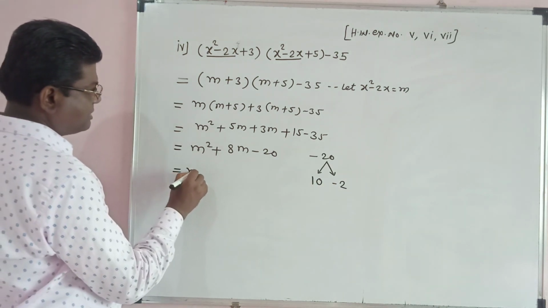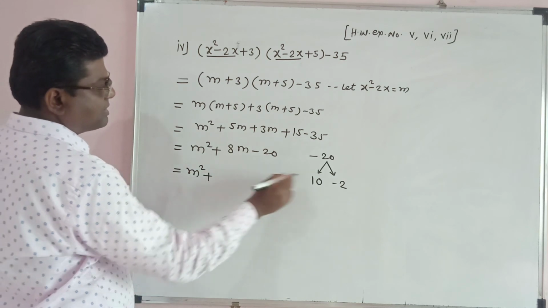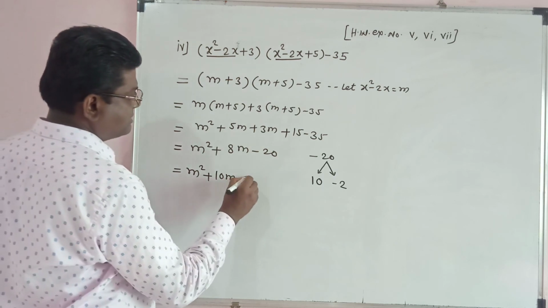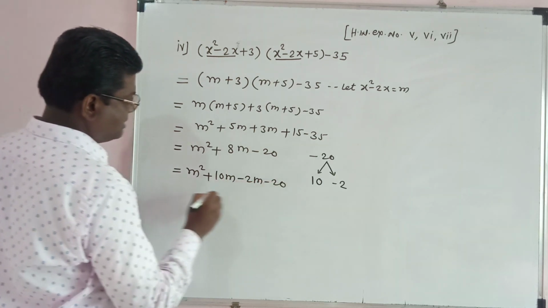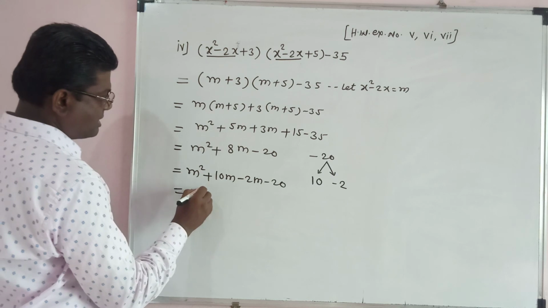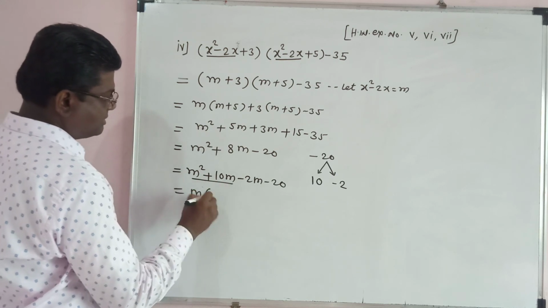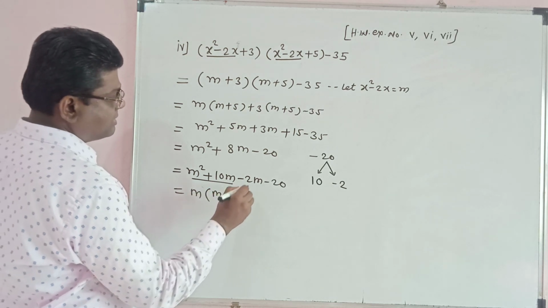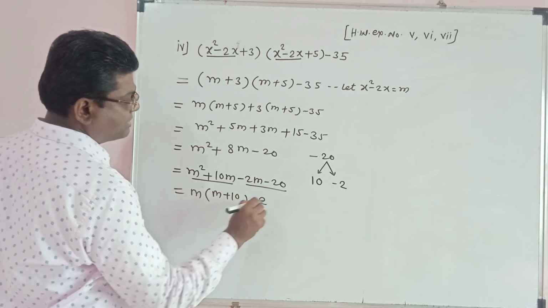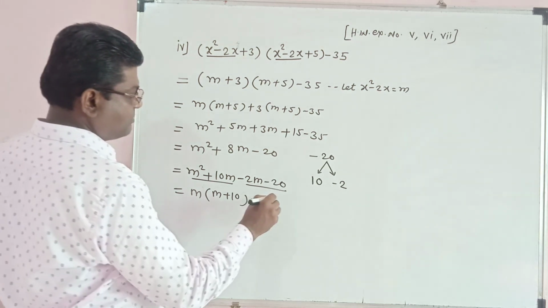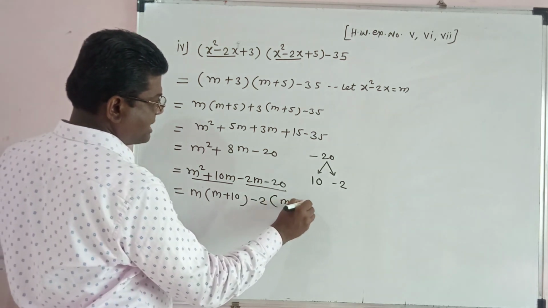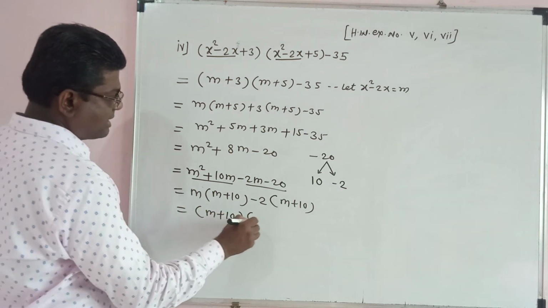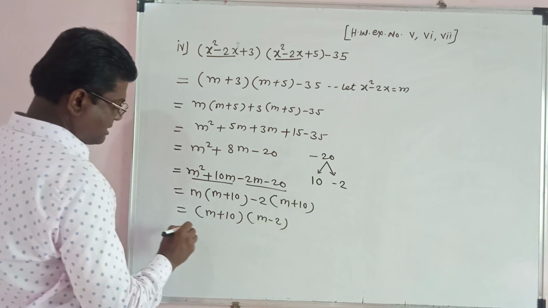So it is equal to m square plus 10m minus 2m minus 20. We take m common in these two terms, therefore in bracket m plus 10, and we can take minus 2 common in these two terms, so in bracket it will be m plus 10. So it is equal to m plus 10 in the first bracket and m minus 2 in the second bracket.